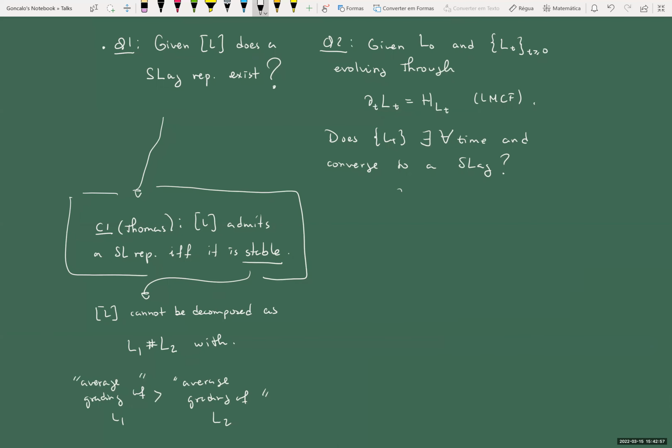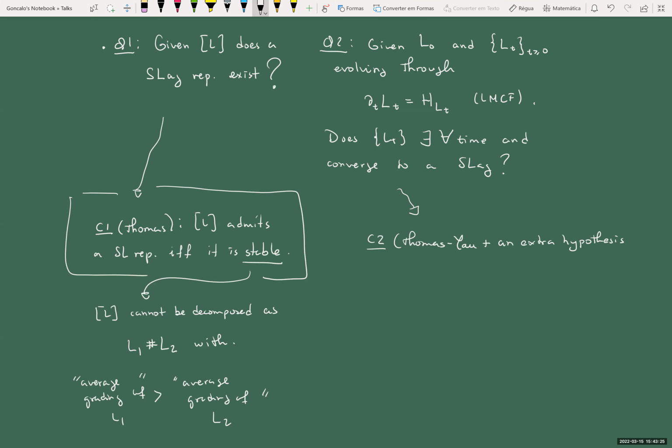And then the conjecture on the other side, to answer the second question, that's due to Thomas and Yau. So I'll write the conjecture with a modification, plus an extra hypothesis that is actually necessary, but they didn't write.